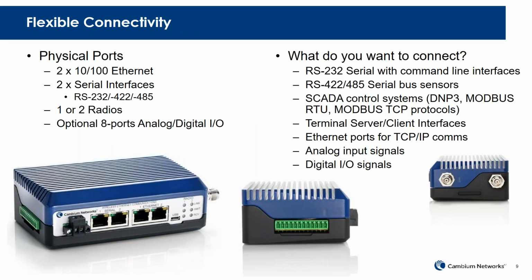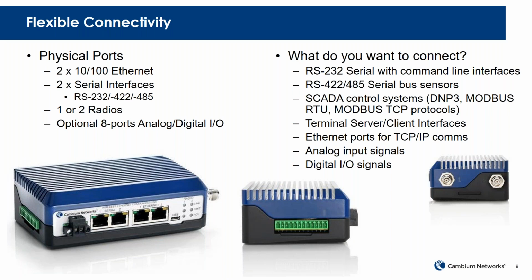From the connectivity side, each cnReach radio has two Ethernet ports, two serial ports, and can have one or two radios, so that's the single radio or dual radio module. And then also, what I showed in the case study before was an optional general purpose IO, which gives you 8 ports of analog or digital connectivity in that green connector you can see on the left of the radio, or facing us in the right-hand picture, or the middle picture.